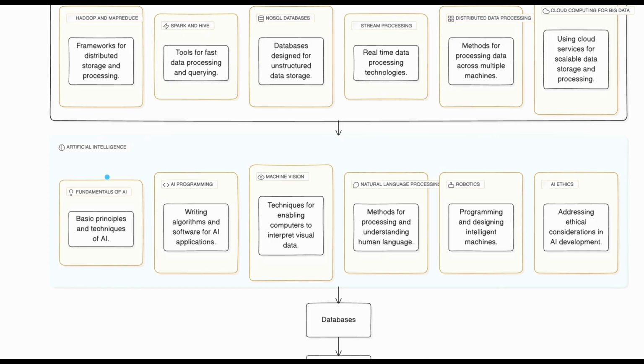Next, we have artificial intelligence. Here again, getting a good grasp of the fundamentals of AI and where this field is headed is going to be a really good place for you, because you need the basic principles and techniques that are used in AI. And as a data scientist, the next common progression for you, if you prefer, is going to be an AI engineer.